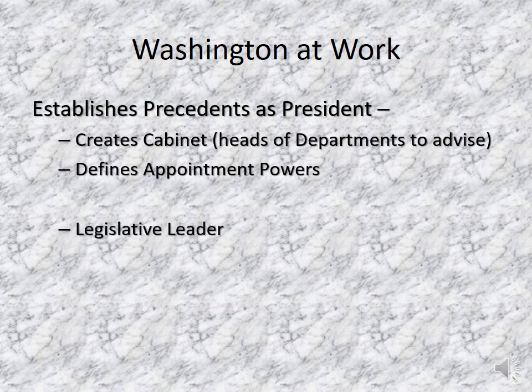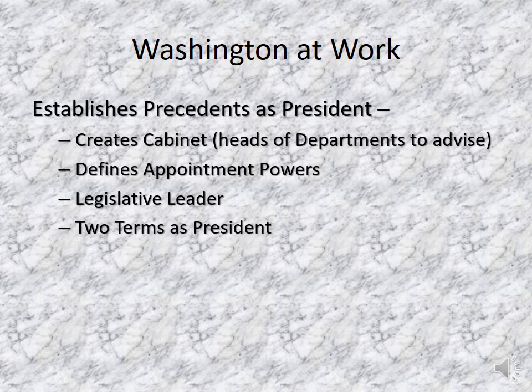George Washington at work, like I said, he established what were called precedents as president. Okay, what precedents are? When someone sets a precedent, that means people that follow, and in this case, people that follow the president or soon-to-be presidents will usually do the same things that he did.